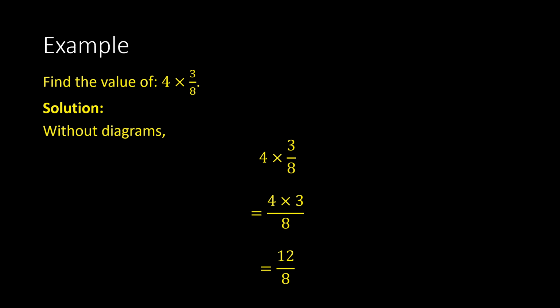Divide the numerator and denominator by 4, because 4 is a number which is common to both, or which can be divided into both. So 12 divided by 4 of course gives 3, and 8 divided by 4 gives 2. And so we have 3 over 2, which is of course 1.5.